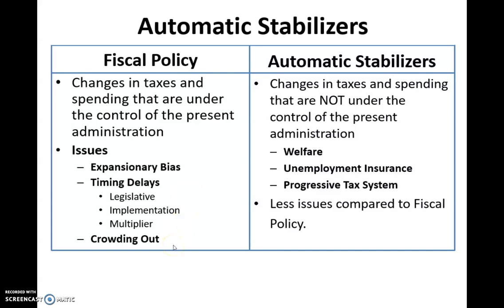And then there's crowding out. Crowding out is something we talked about in a prior section, where the government, in order to spend more and tax less, has to borrow money. They run deficits. And when they borrow money, they crowd out private sector borrowing.